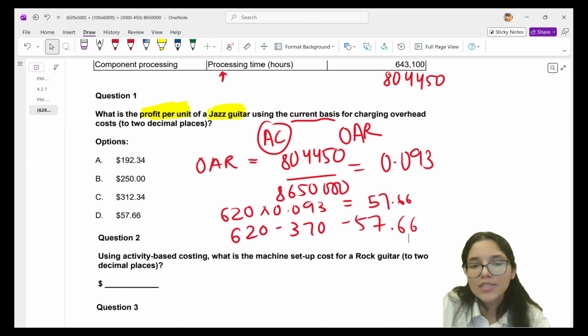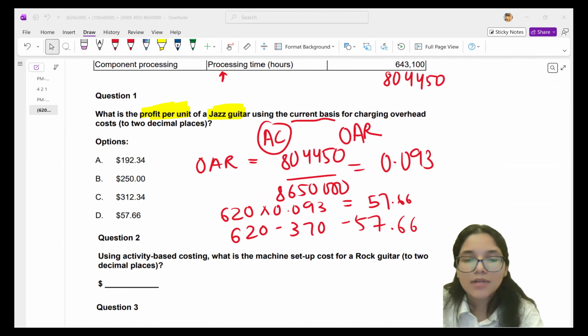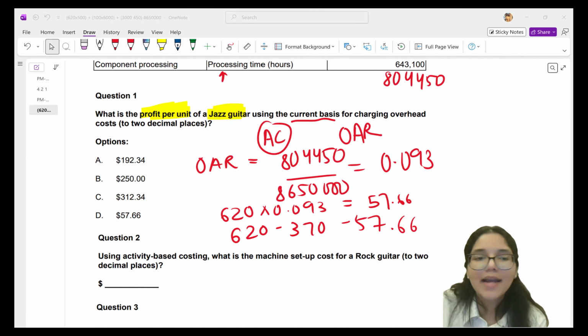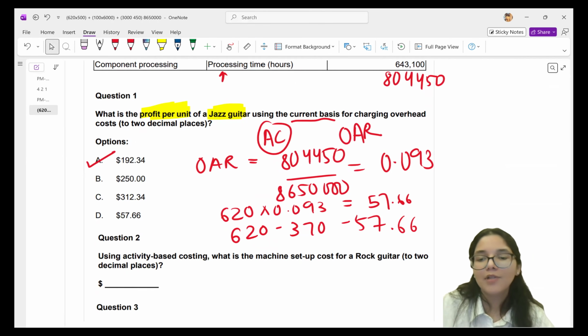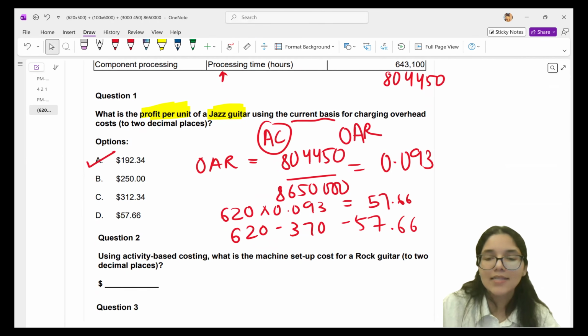When you do this on your calculator, it gives you exactly 192.34, which is option A that I will pick as my final answer. Right? Are you all with me on the first question? First question clear? Understood everybody? Very easy?